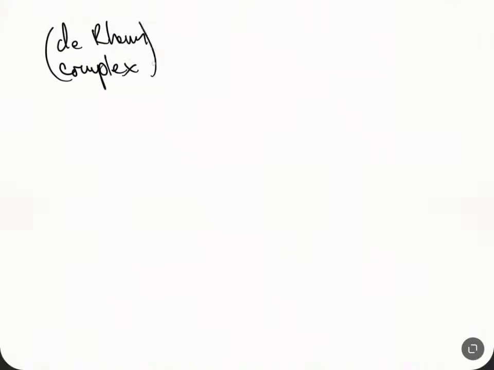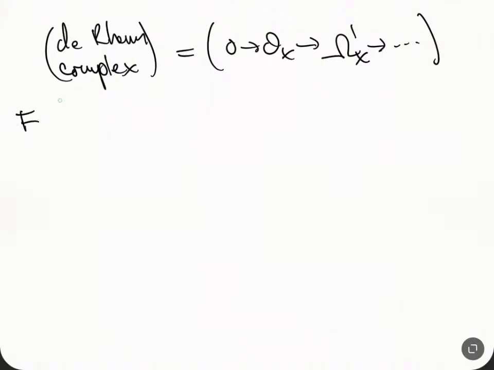Okay, so this is for sheaves, and this looks like this thing. So we have the sequence, like so. And what we can do is define F^p stupid of this guy.